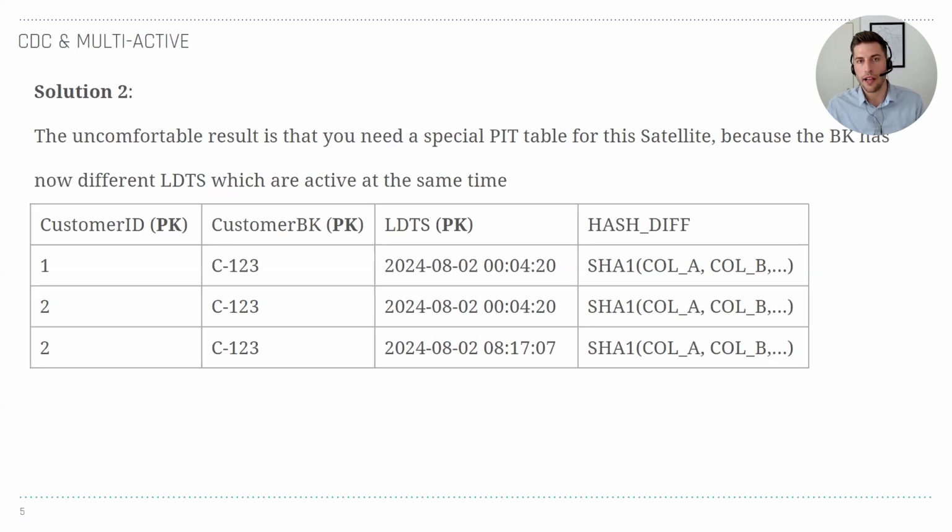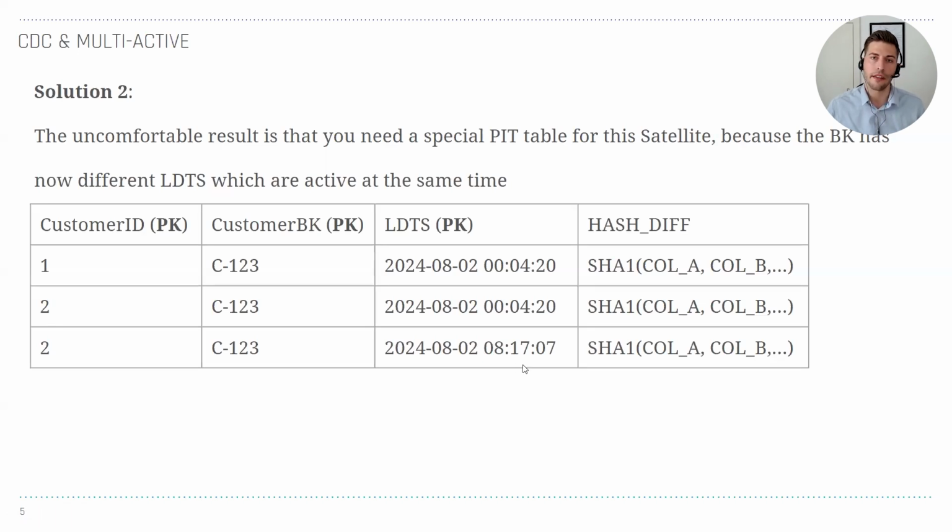And what we do in a multi-active satellite when we get the full extract of the source is that even if just one small part of the multi-active components changed, for example here only customer ID 2 changed and the 1 is still the same, when we get the full load we would insert the customer ID 1 again. Yes, it's redundant data in that case, but we would add the 1 again, so we would have 4 rows, and also tag it with the newest load date timestamp.